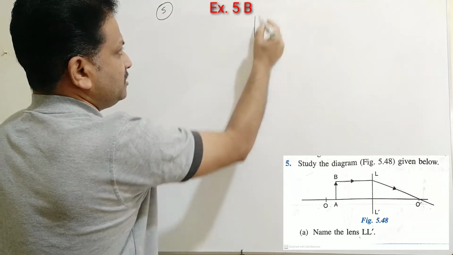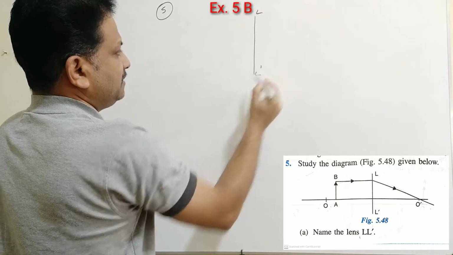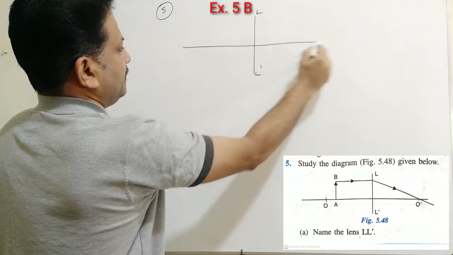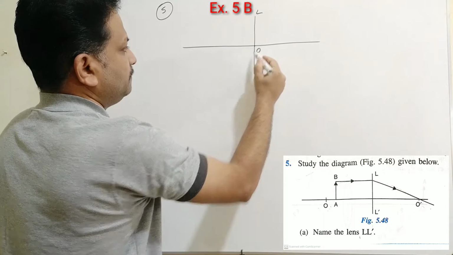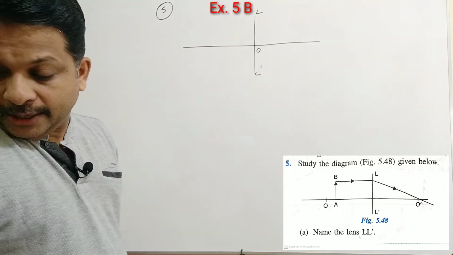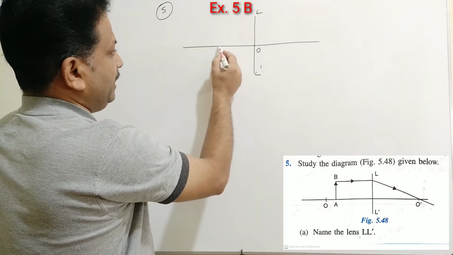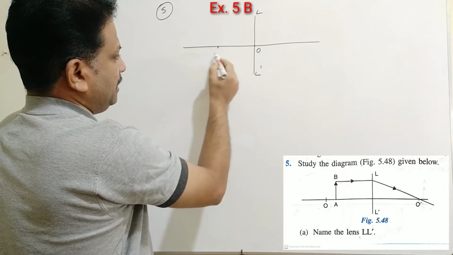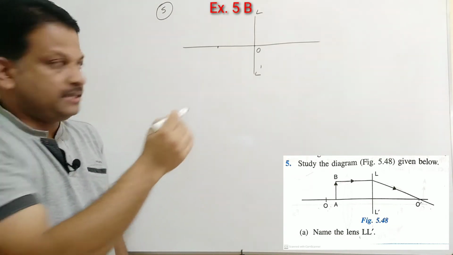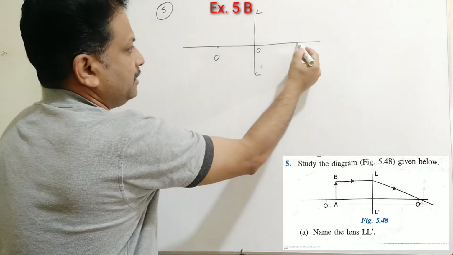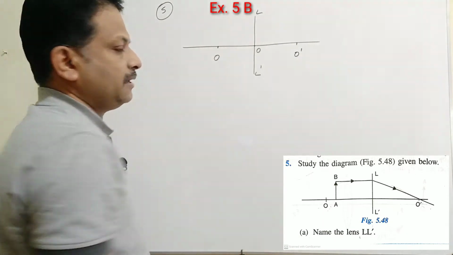An outline of the lens L dash is given. Its optical center O. An object is placed between, you can see the mark O dash, O and O dash. Clear?